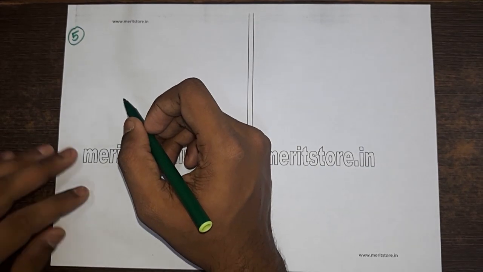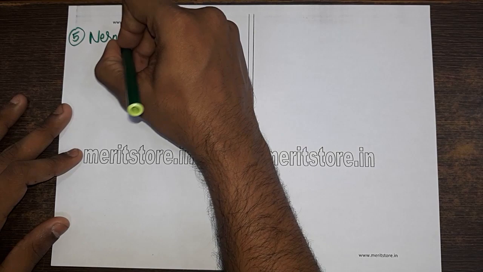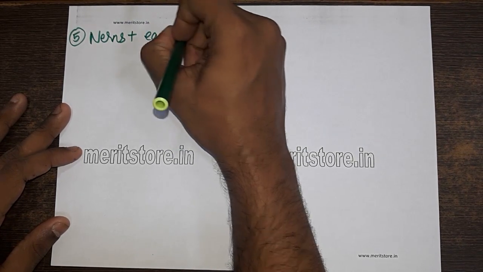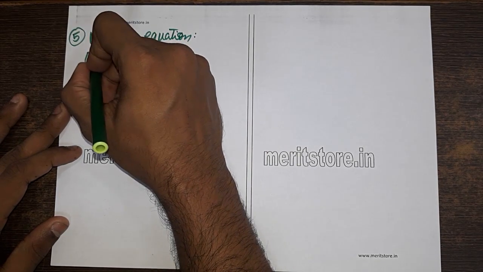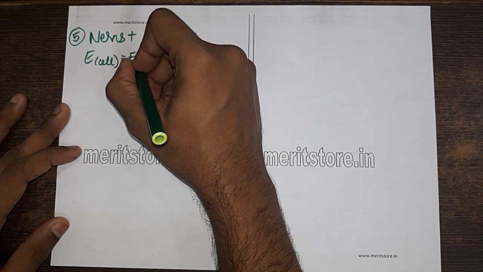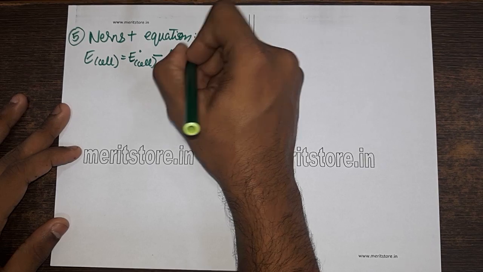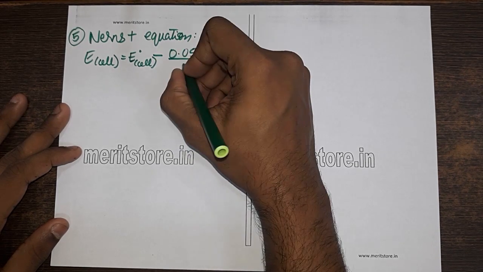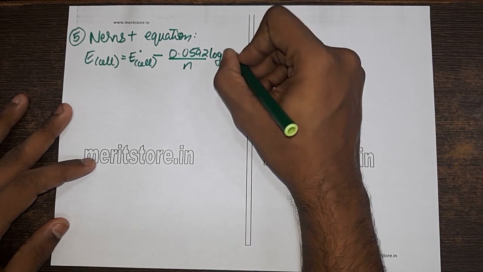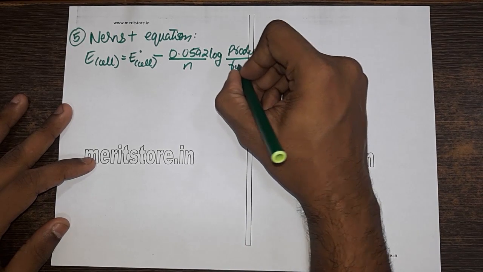Next, we'll see the Nernst equation. E of cell is equal to E degrees of cell minus 0.592 by N log of products upon reactants.